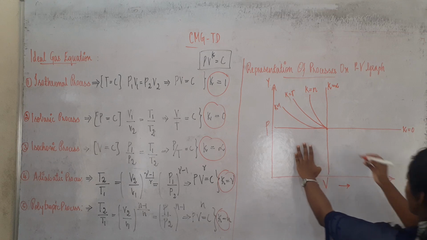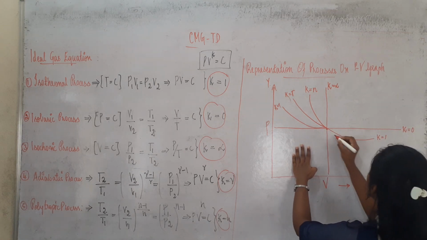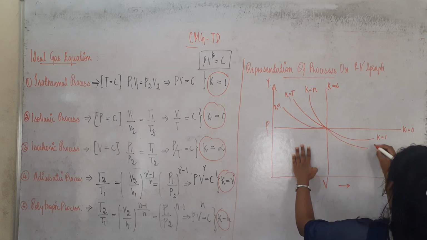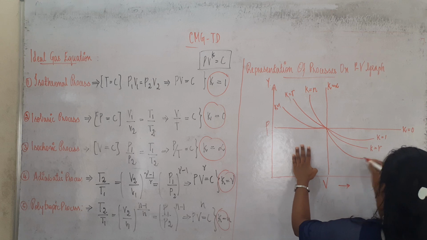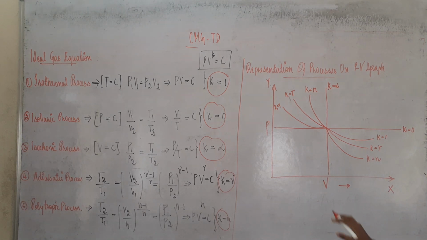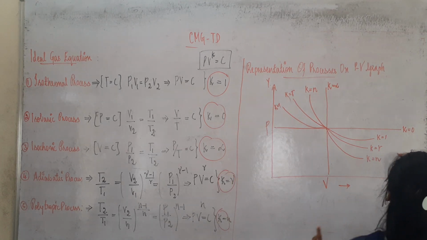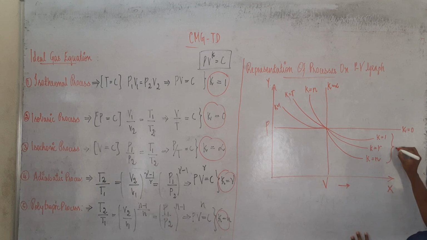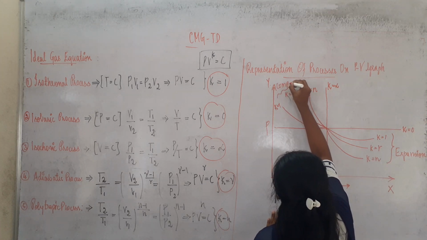So in the same way, here isothermal process comes first, K is equal to 1. Second one is adiabatic process, K is equal to gamma, and the last one is polytropic process, that is K is equal to n. So these are all the processes that we have marked in this PV graph, and in this quadrant expansion takes place, and in this quadrant compression takes place.